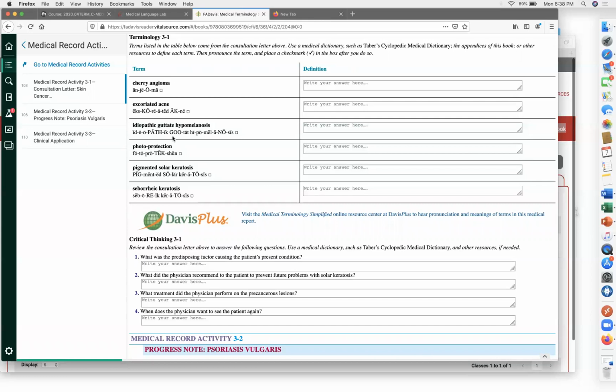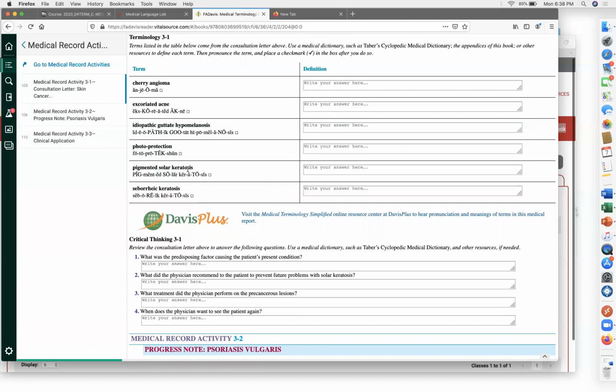So what happens in idiopathic guttate hypomelanosis? Is what's happening in this particular diagnosis a normal or an abnormal problem? Well, we know from the suffix, it's abnormal. What's happening to the melanin pigment? Is it getting increased or decreased? Hypomelanosis, it's getting hypo, decreased, right?